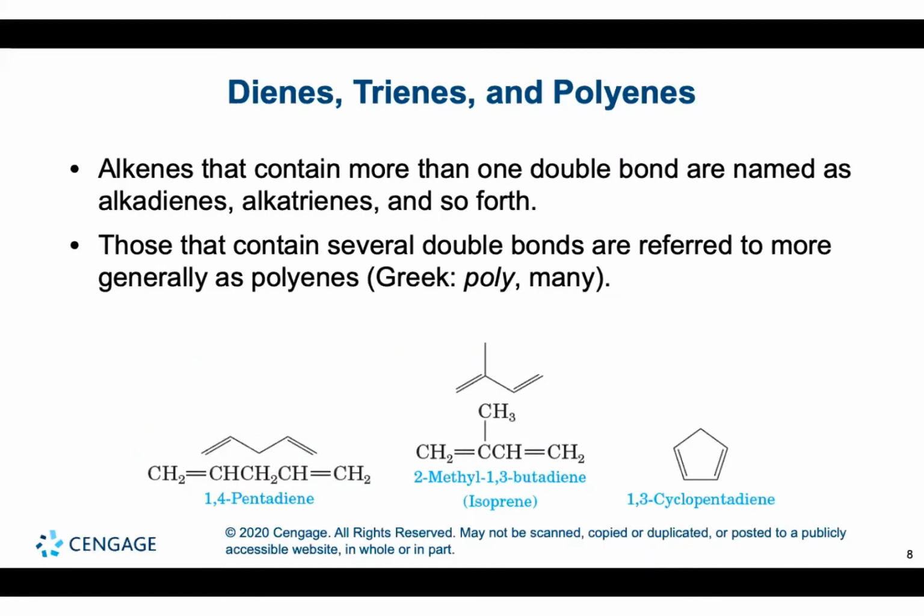Okay, when you have 2 double bonds, or maybe 2 triple bonds, you make sure that you end up with di-ene, because di means 2. It means that you have 2 double bonds. But the important thing is that the same rule that you had when you had 1 double bond or 1 triple bond applies.